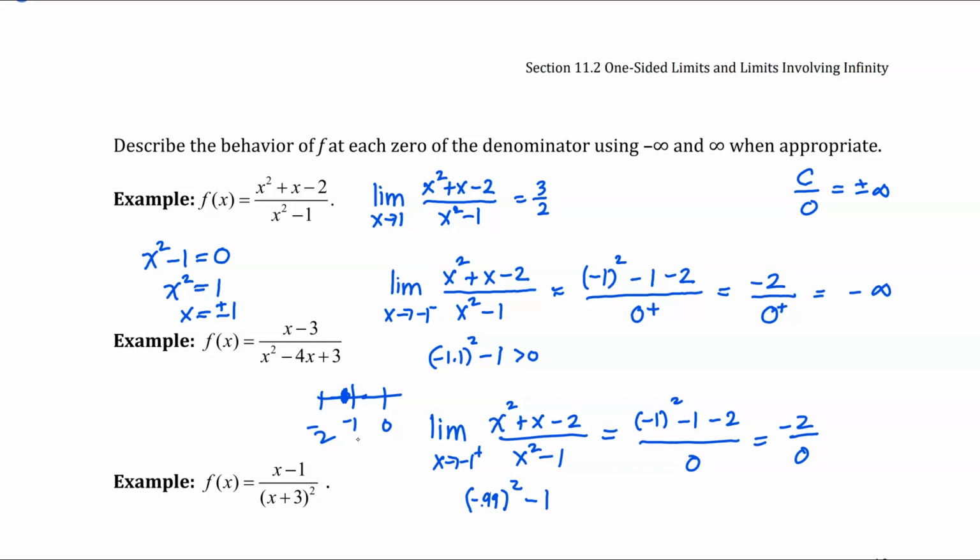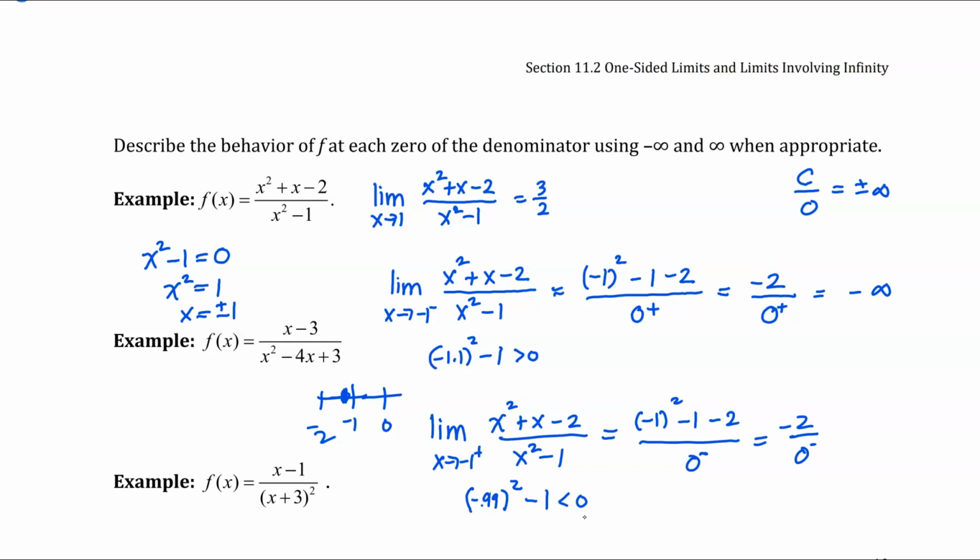So (-0.99) squared is a positive value, but it's less than 1, so minus 1 will be negative. Or you can also use your calculator, plug in the value, and just look at the sign. Now you have a negative expression. This one would result in a negative value. So that means the 0 here is coming from the negative side.